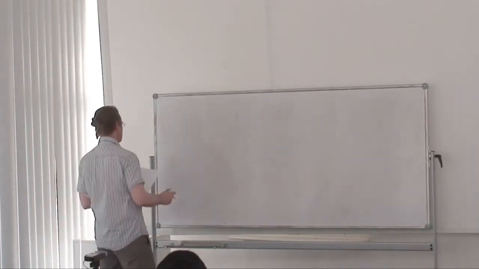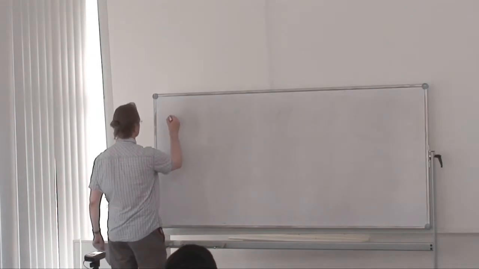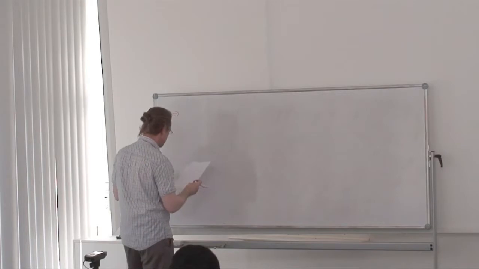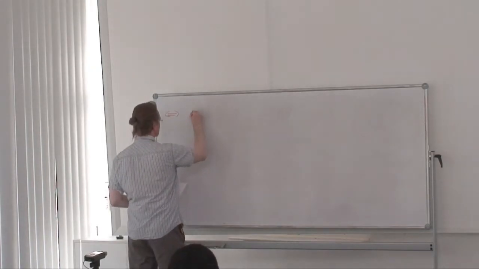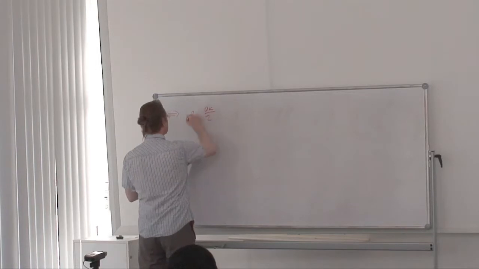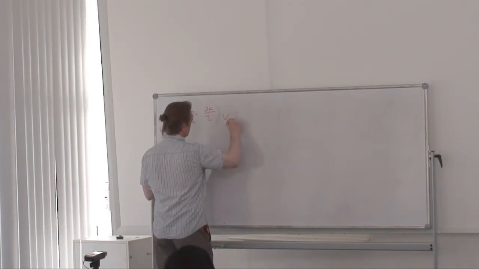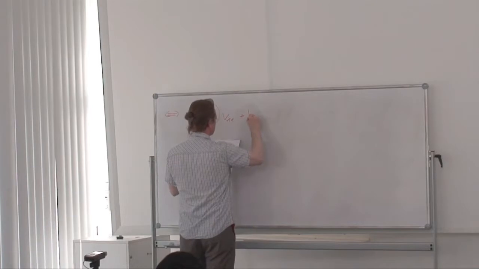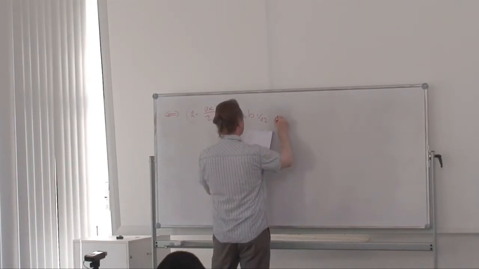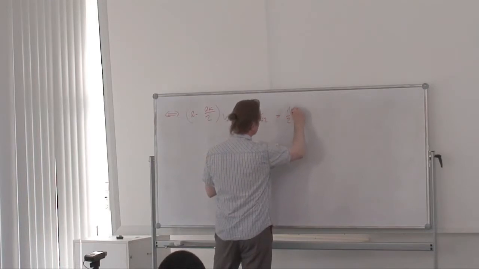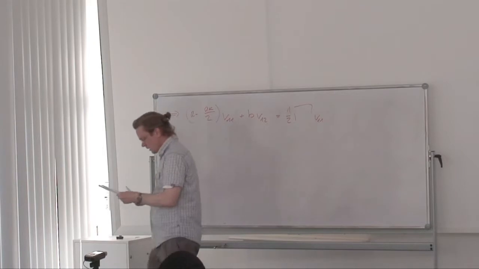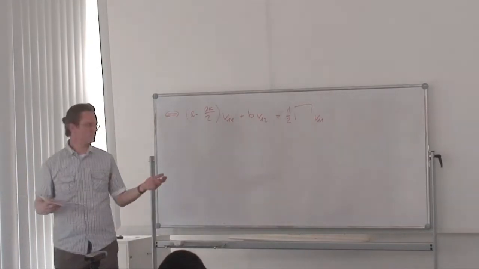Yeah, basic ideas. What I just erased is the same as if we were to compute A minus A plus C over 2 times V11 plus B times V12, and here we have 1 over 2 times this nasty square root V11. How do we get rid of the square root?